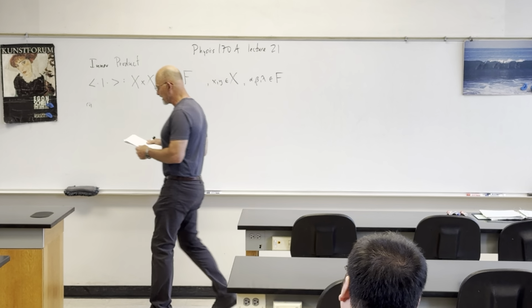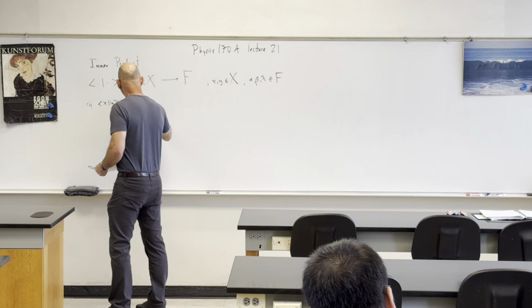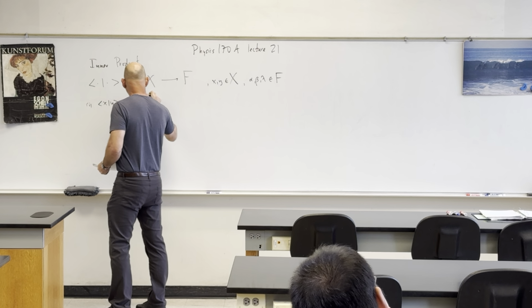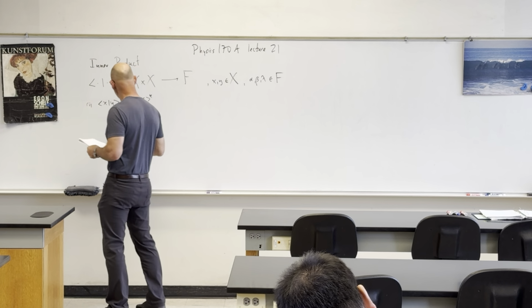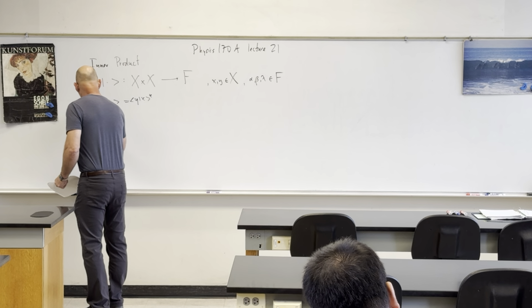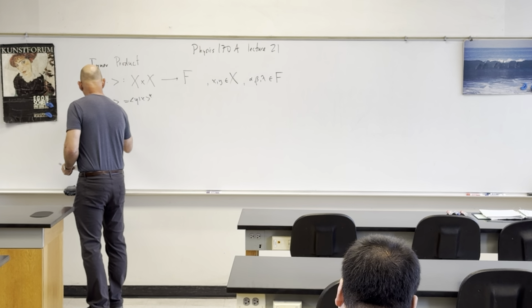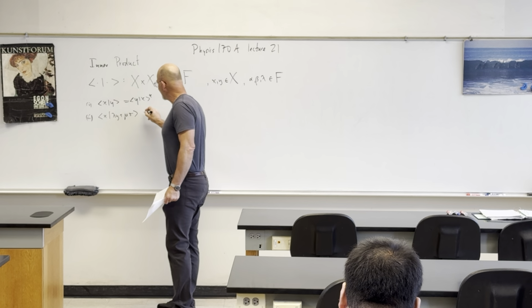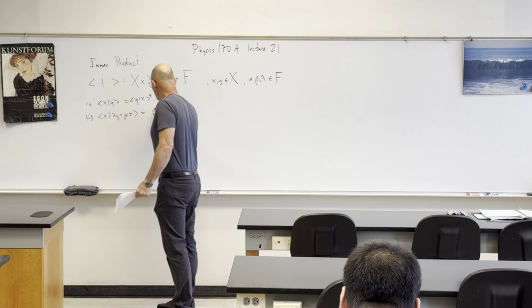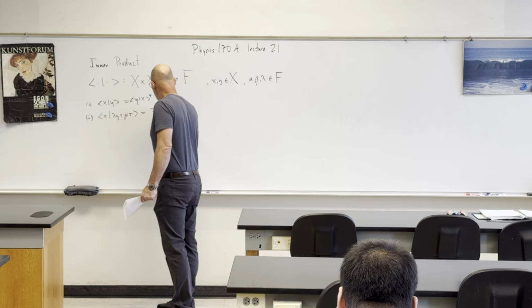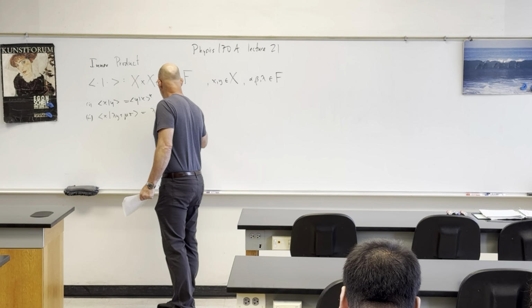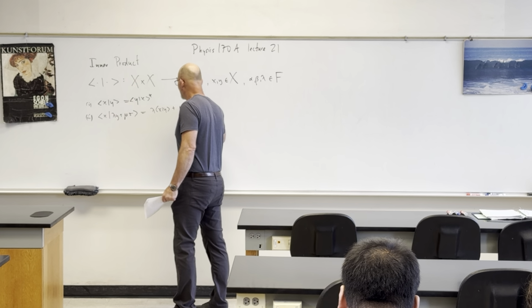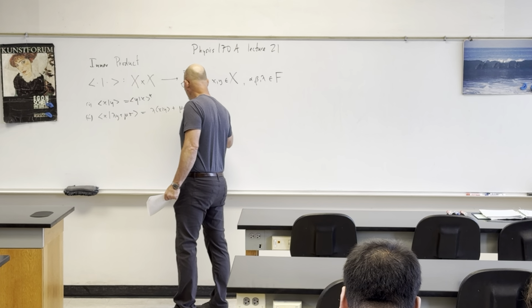And then we have ⟨x, y⟩ equals ⟨y, x⟩ star, complex conjugation. The second one is ⟨x, lambda y plus mu z⟩. What you have here is the linearity in the second term: lambda ⟨x, y⟩ plus mu ⟨x, z⟩.